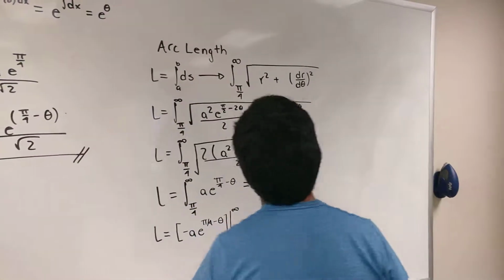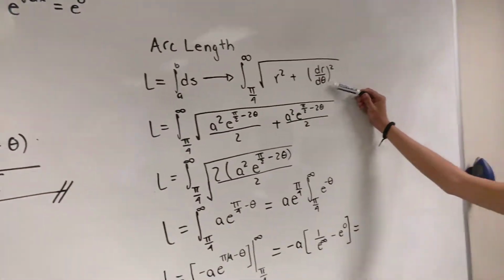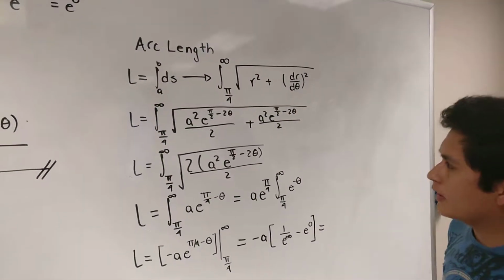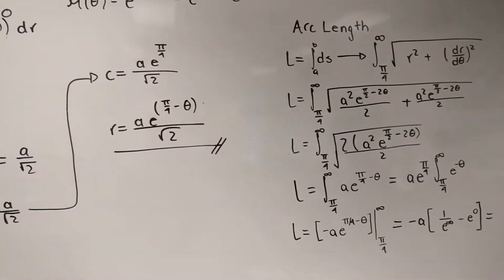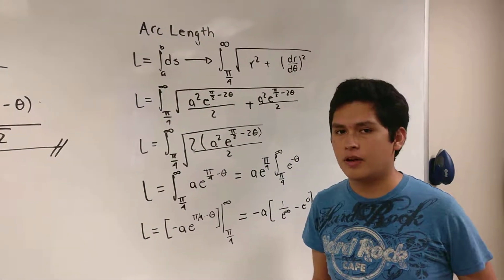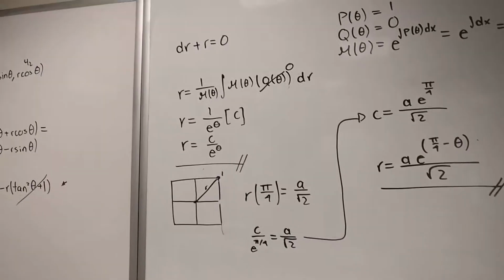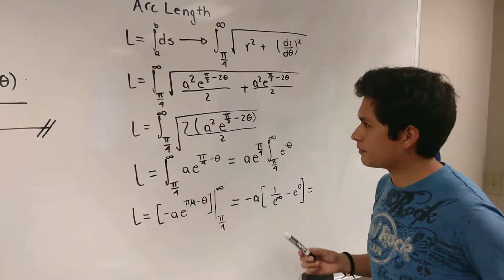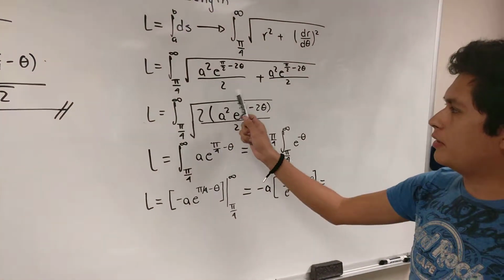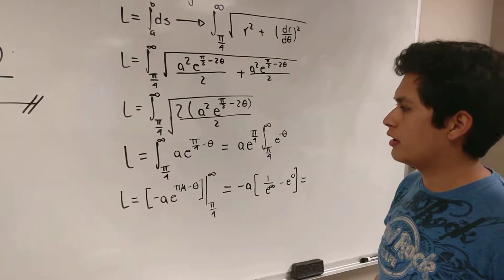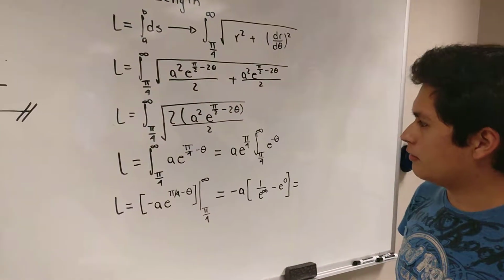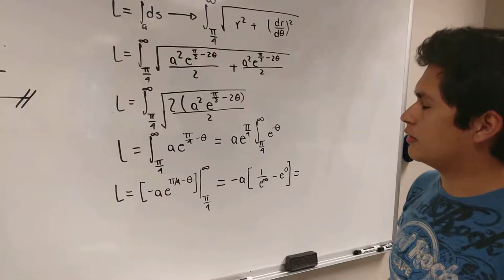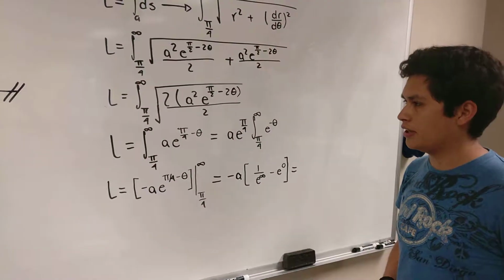So from here, we know the formula. This is going to be the square root of dr over d theta squared plus r squared. Now, as we know, dr over d theta is the same as negative r. Since it's squared, it's going to be the same for both cases, since negative signs cancel out. Since they're the same, we rewrite them together, and now we have 2 times a squared times e to the pi over 2 minus 2 theta.